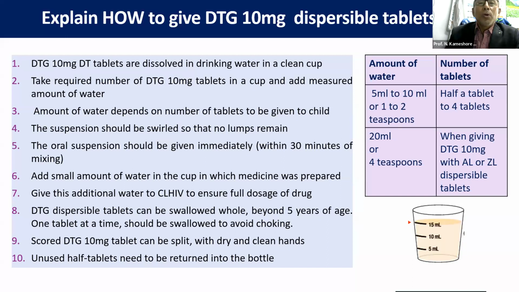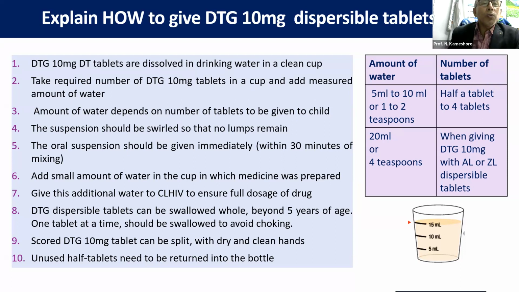So we have to explain to the caregiver and the older children how to give DTG 10 milligram dispersible tablet. There are 10 steps to describe this. DTG 10 milligram DT tablets are dissolved in drinking water in a clean cup or glass.